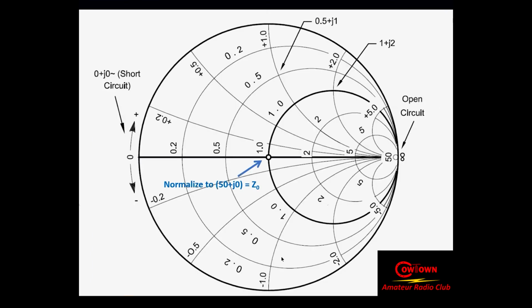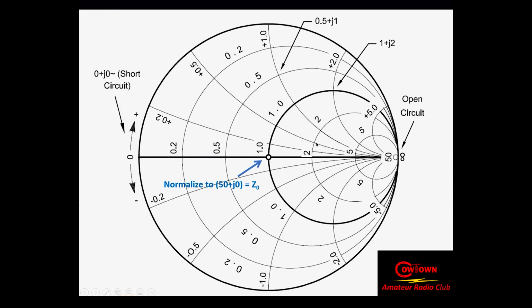Now, this is just a quickie overview of the chart that we're going to be working with. Notice right here in the center, we call it prime center, it's 1.0 plus J0. So this line that I'm walking across here is the real line, or the resistance line.